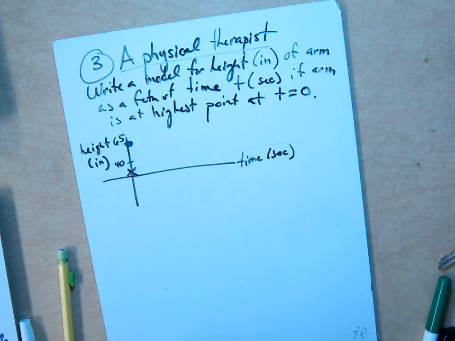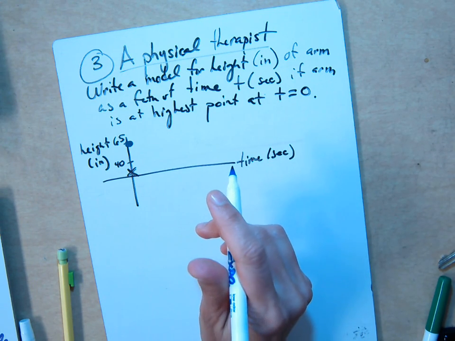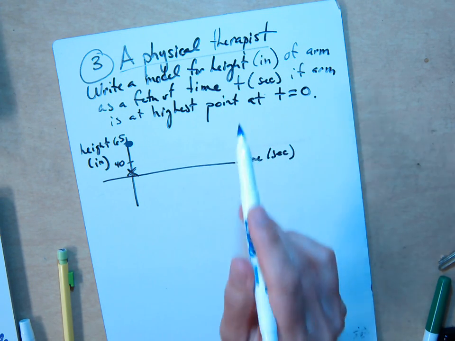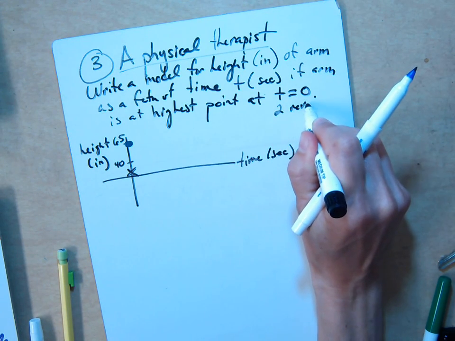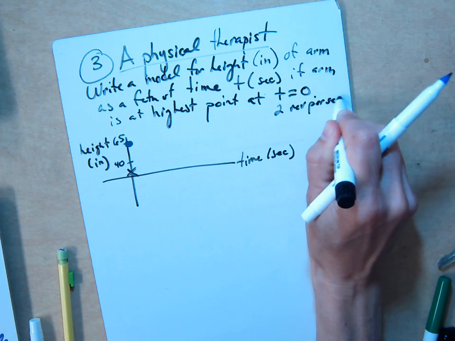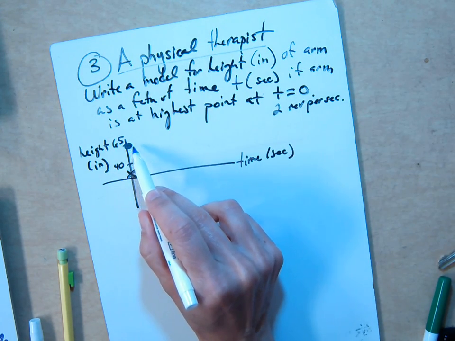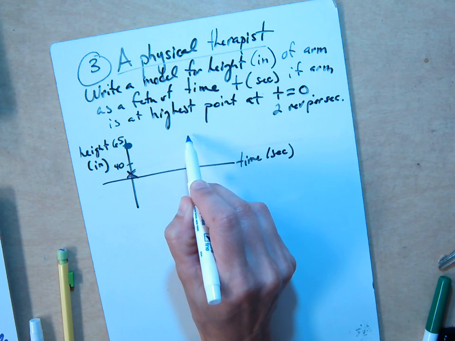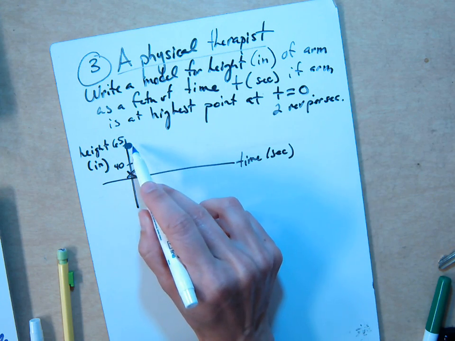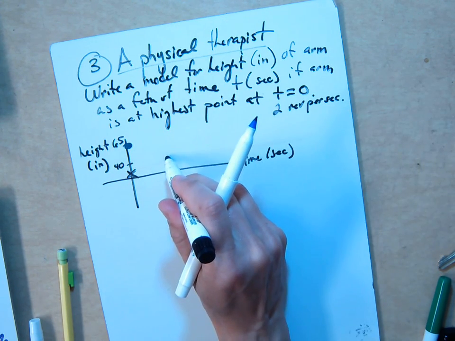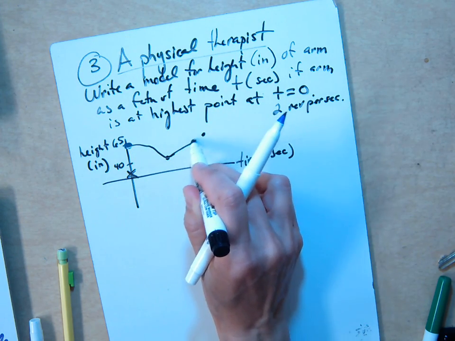And there's also a point where, two revolutions per second is key information. So how long does it take to go from 65 down to 40 and back up to 65? We have a high, a low, and back to a high.